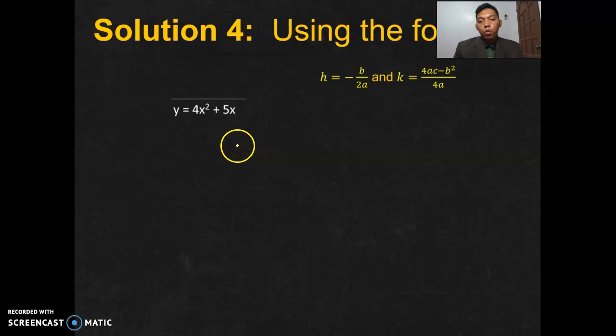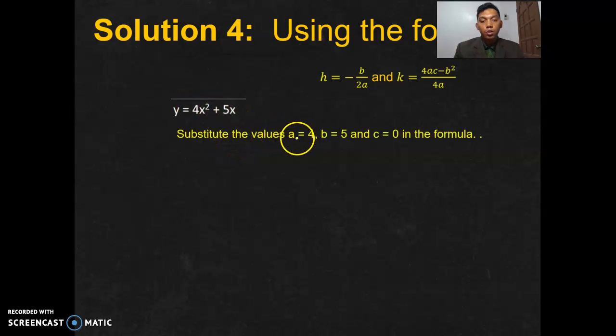So number 4, 4x squared plus 5x. Substitute the values, a equal to 4, b equal to 5, and c equal to 0 in the formula.